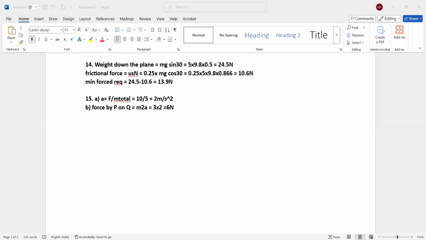Two blocks P and Q of masses M1 equal to 2 kg and M2 equal to 4 kg are connected to a third block. For what maximum value of M will the system be in equilibrium?